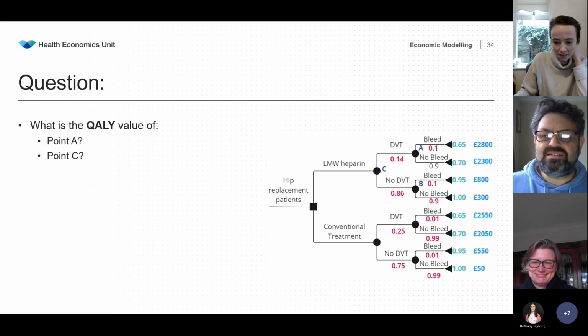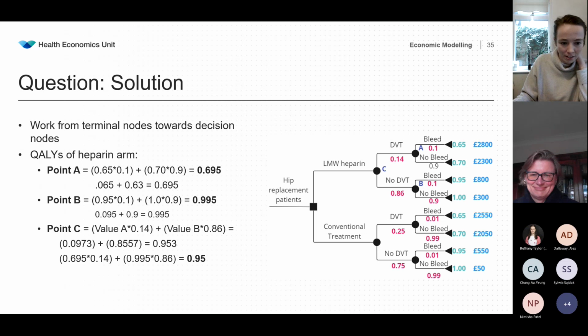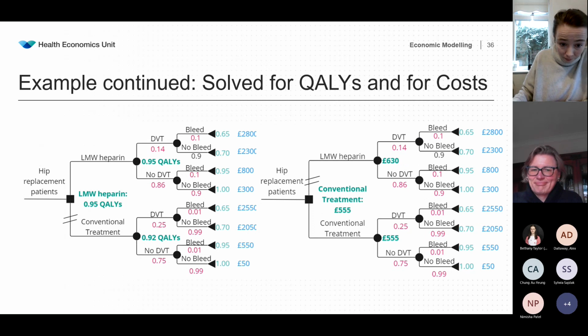And it looks like we've got the correct answer in the chat. Well done. So here's how that's calculated. Does anybody have any questions on that? Okay, cool. So from the QALYs, we can also calculate the relative costs of the two branches.